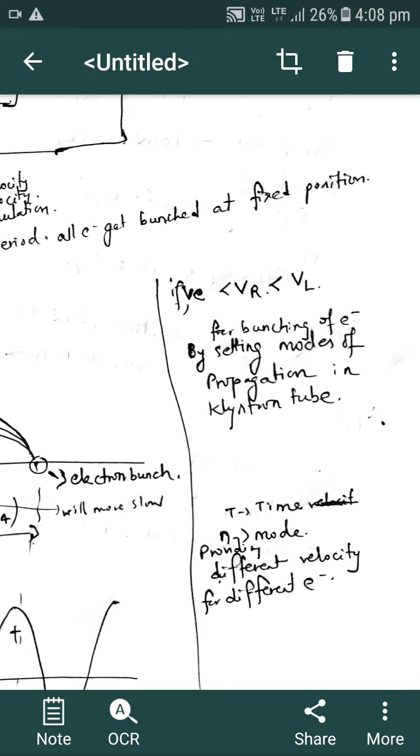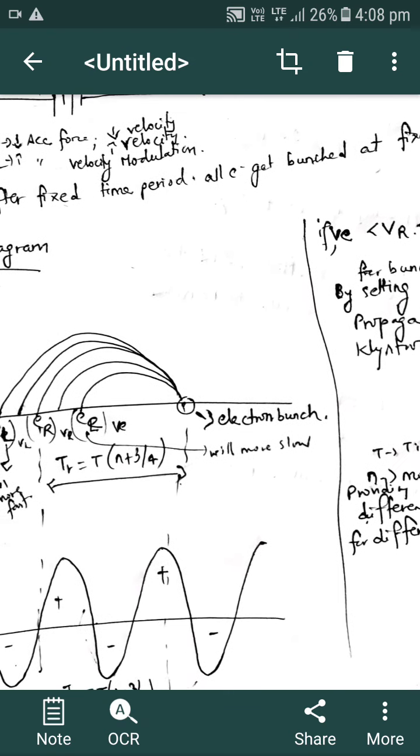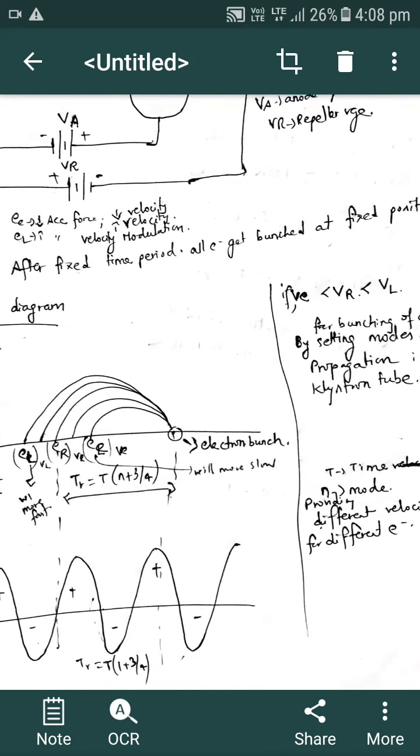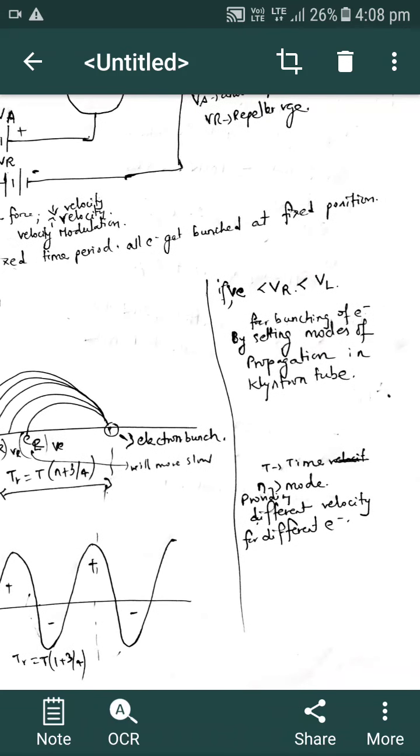For the bunching of electrons, by setting the modes of propagation in the klystron tube, TR is equal to T of n plus 3 by 4. Here n represents the mode number, and T is the time period.